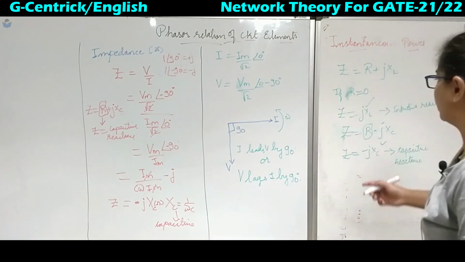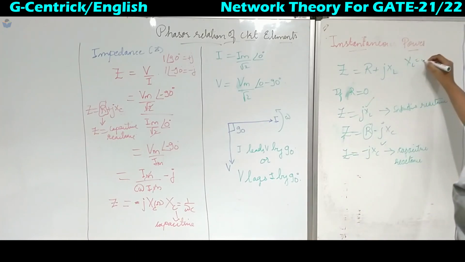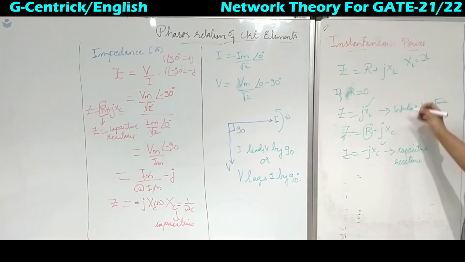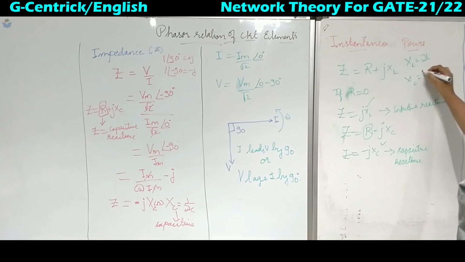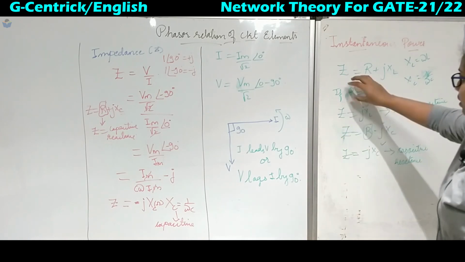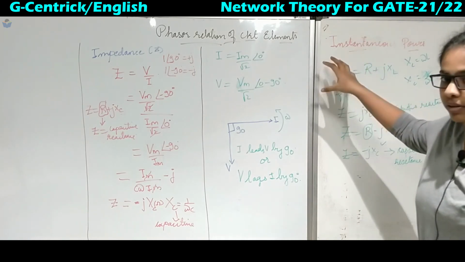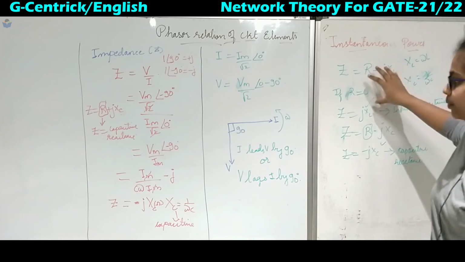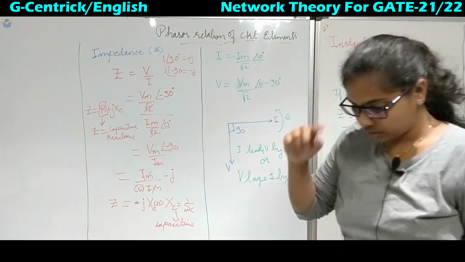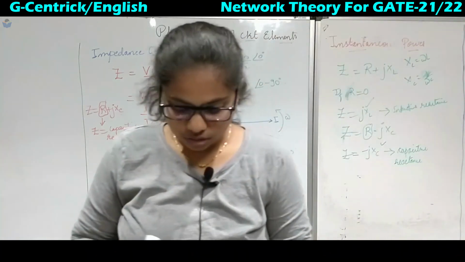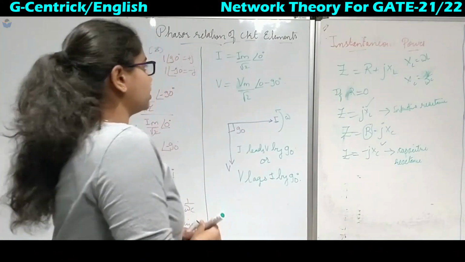Here XL is omega L and XC is 1 by omega C. Whenever the real part is 0 and active power is 0, you will get reactive power, that is Q. So this is about the capacitor.